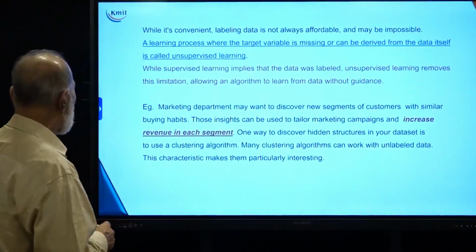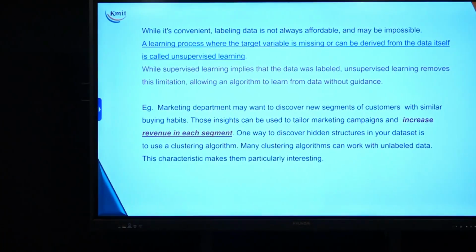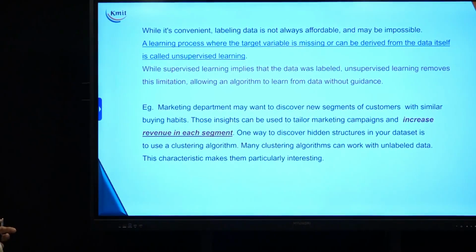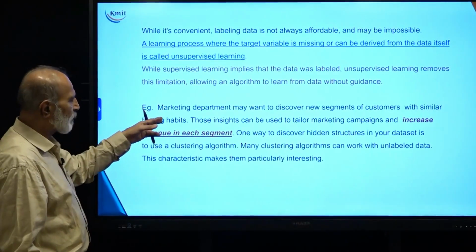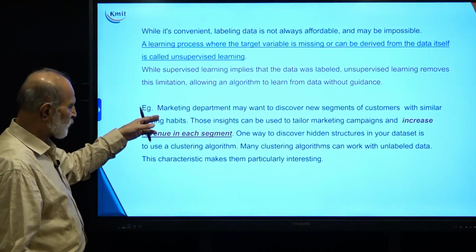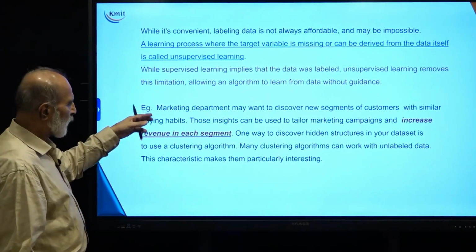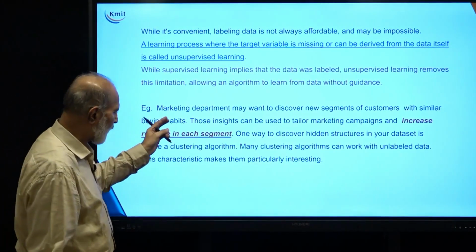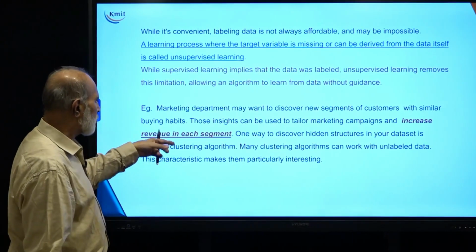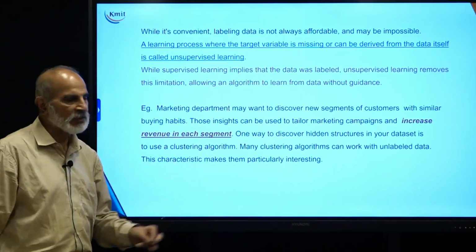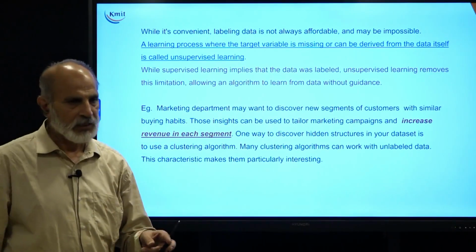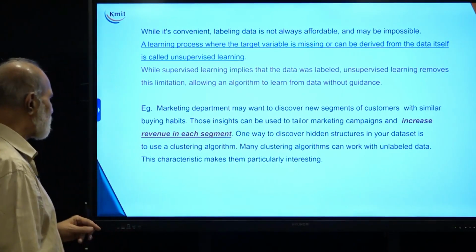An example is a marketing department that may want to discover new segments of customers with similar buying habits. I do not know the answer, so can I discover the pattern of all the customers from the last few months, what they are buying, what they are interested in? Then those insights can be used to tailor marketing campaigns and increase the revenue in each segment. So this kind of algorithm is unsupervised learning.